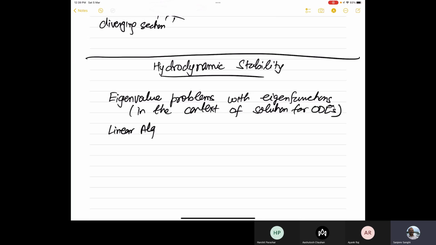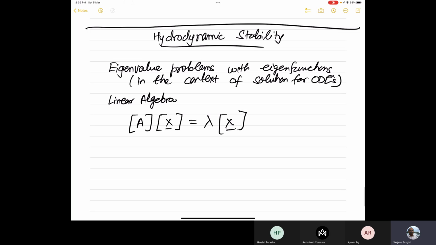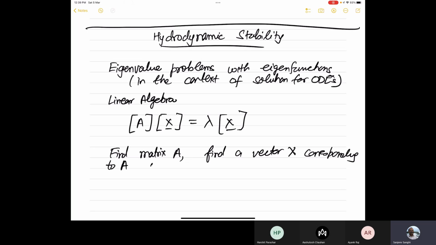If we look at linear algebra, the concept of eigenvalue is if you have a matrix A, AX is equal to lambda x, that means we have a matrix A and you find a vector x corresponding to A. That means this vector x will be unique to A such that A times x, which is now a column vector, is equal to lambda times x is satisfied.